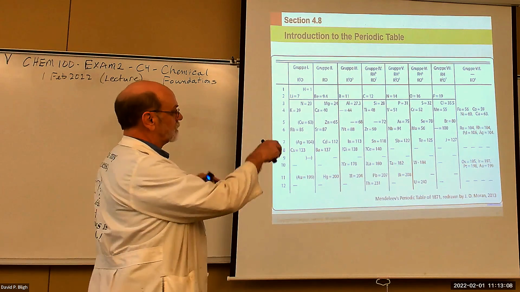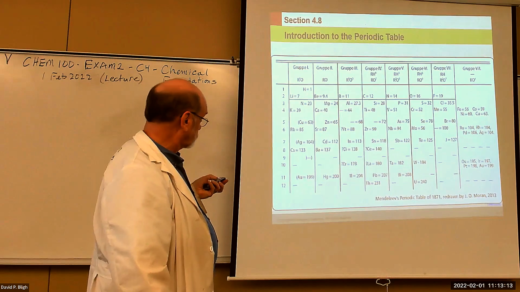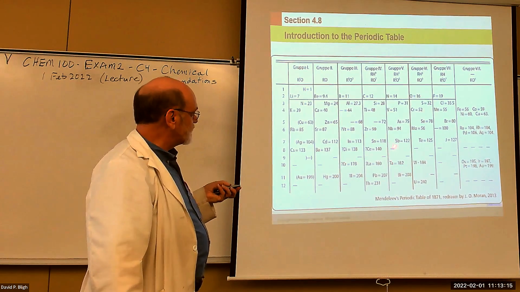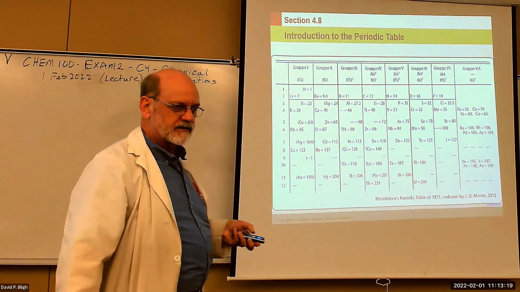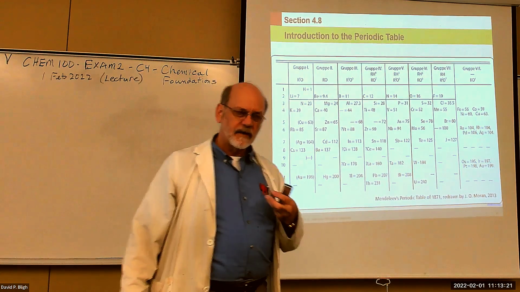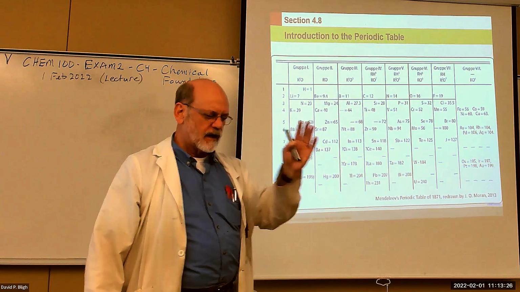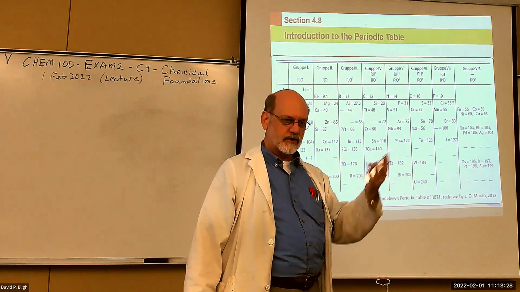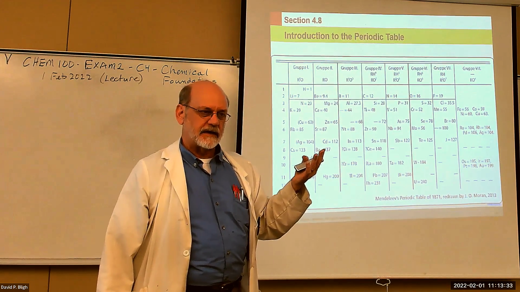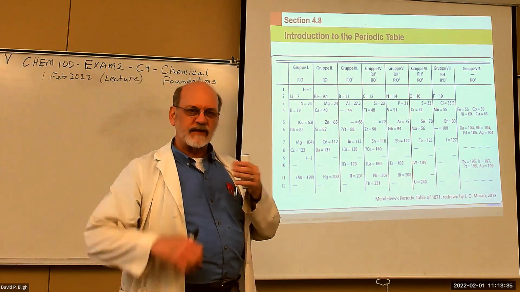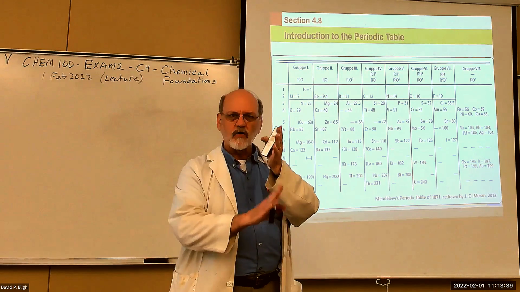Now, this is later. He took his groups now and made them vertical. There are missing places in here where there should be elements, and they're going to have these characteristics. And what he noticed was, as you move along, the elements get heavier and heavier as you go down the periodic table. And if you put them in order of the known elements, some of the elements lined up with the wrong groups.